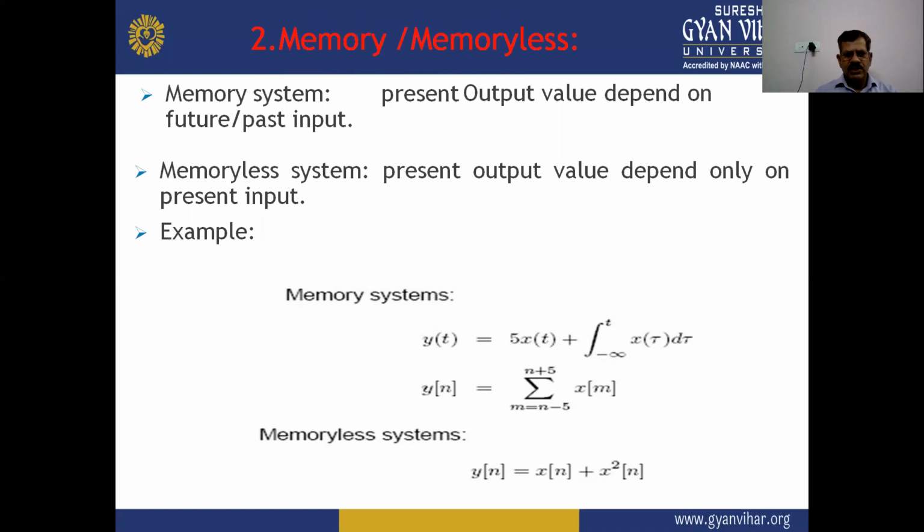Memory system examples: y(t) = 5x(t) + integration from minus infinity to t of x(t) dt, and y[n] = summation from m = n-5 to n+5 of x[m]. Memoryless system: y[n] = x[n] + x^2[n].